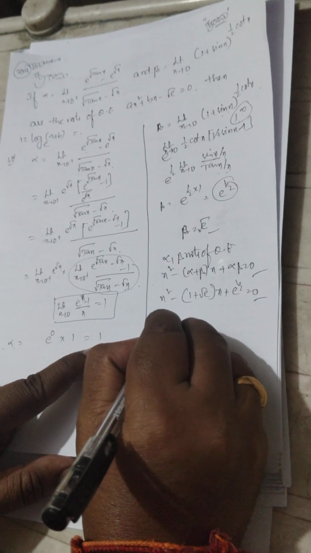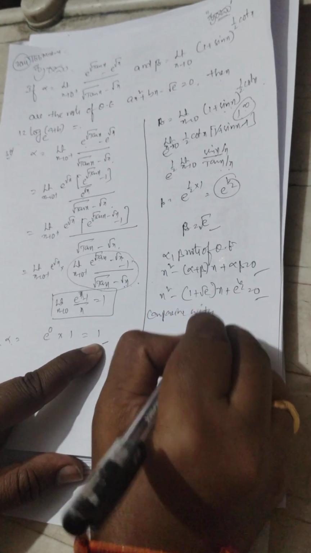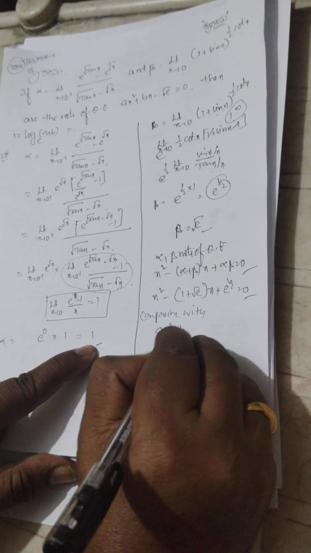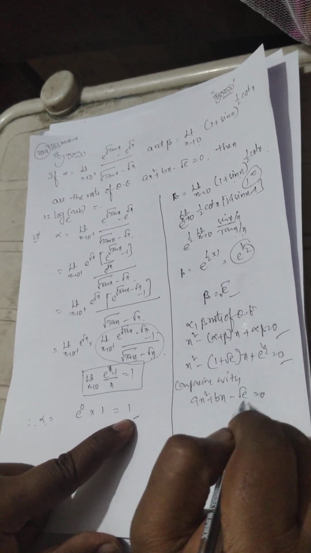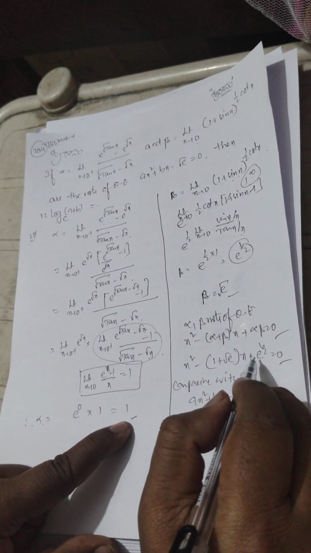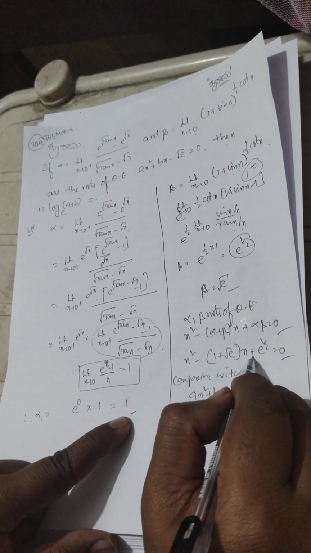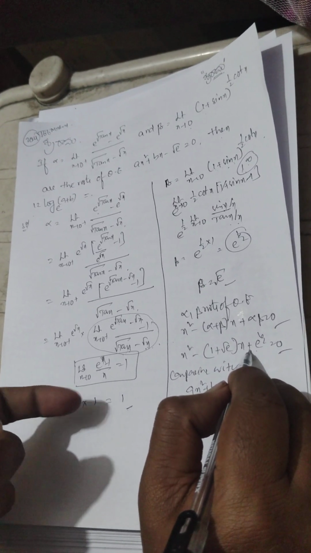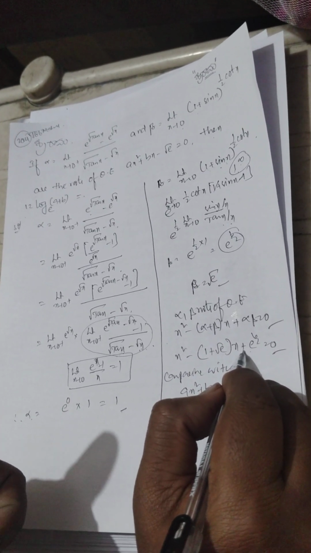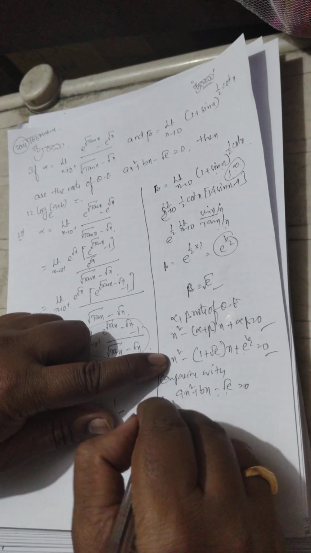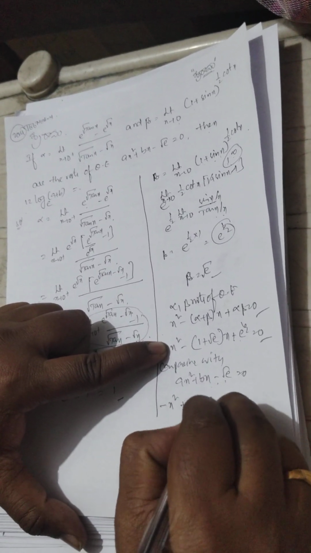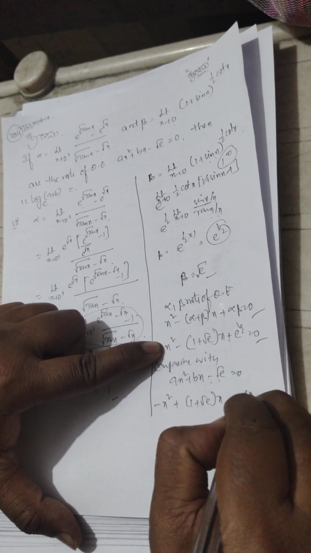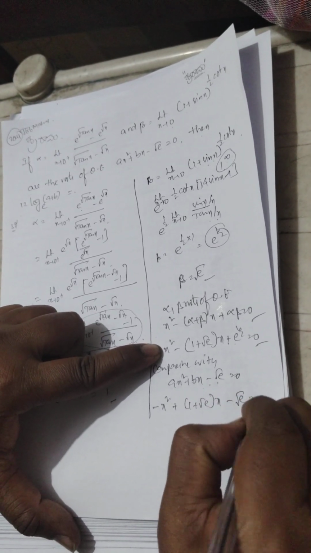This is compared with ax square plus bx minus root e is equal to 0. But here the root e coefficient is plus, whereas there it is minus. So, converting e power 1 by 2, which is root e, to negative, we multiply the equation with a negative sign: minus x square plus (1 plus root e) into x minus root e.